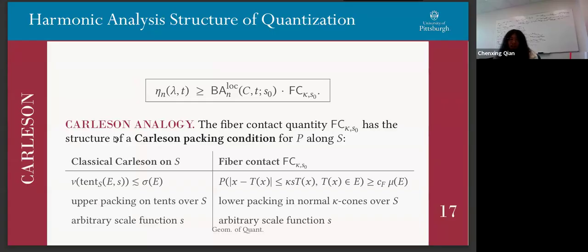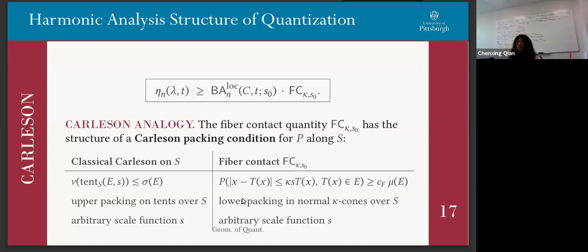Here we can also notice that the term inside T is saying that Tx is bounded within a kappa cone of X, and it's bounded below. It has a lower packing in normal kappa cones over S. This holds as well at arbitrary scale of the function S.